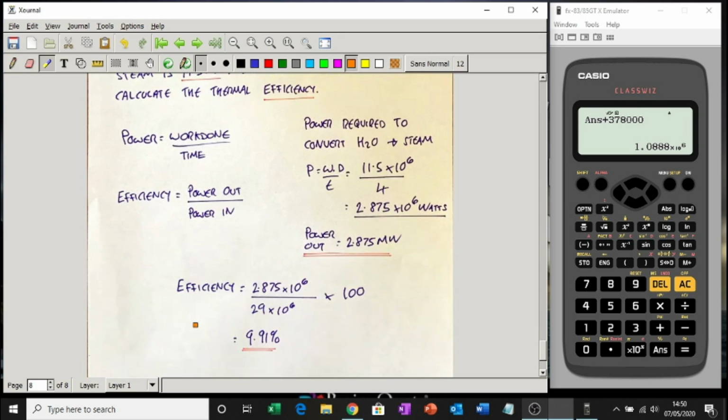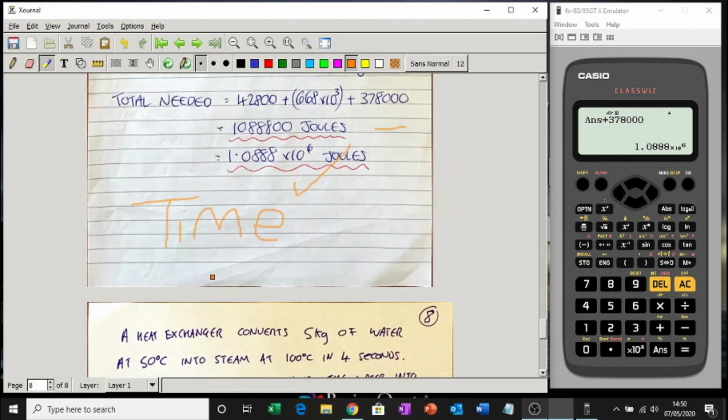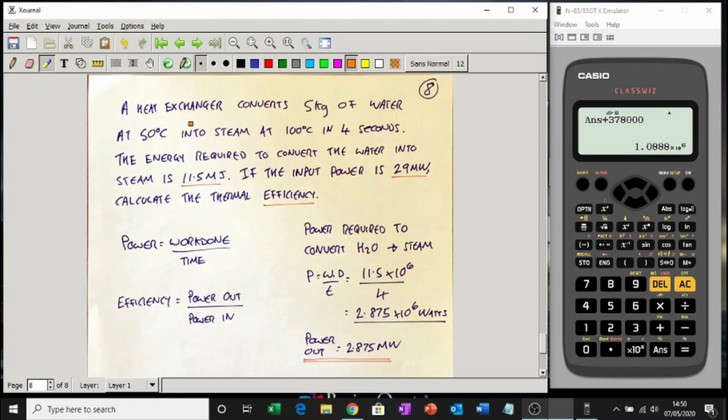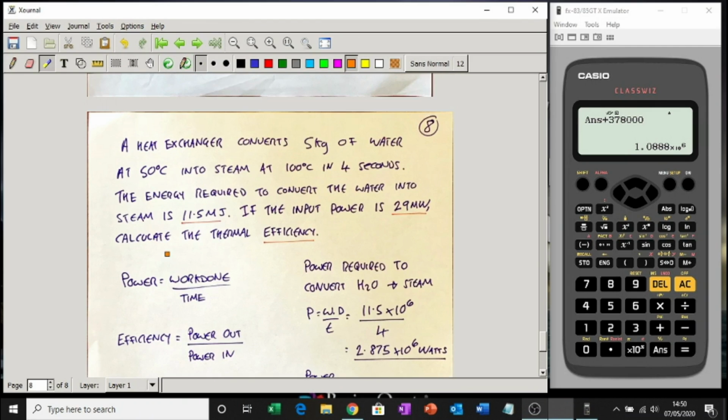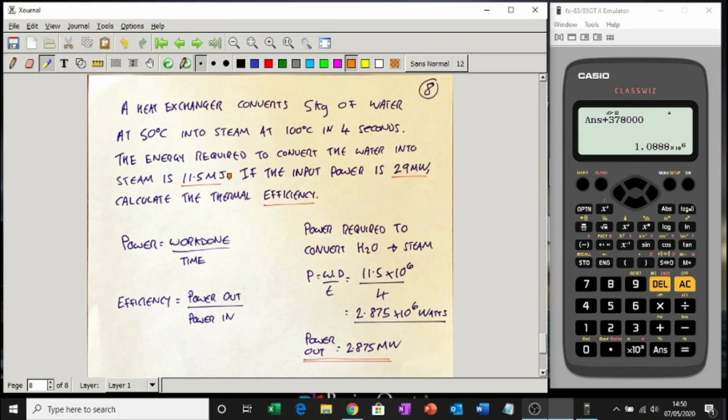Now, this one, so we know we've got 5 kilograms of water. So I'll just draw a little graph. Because we haven't got to work out this energy because we're given it.